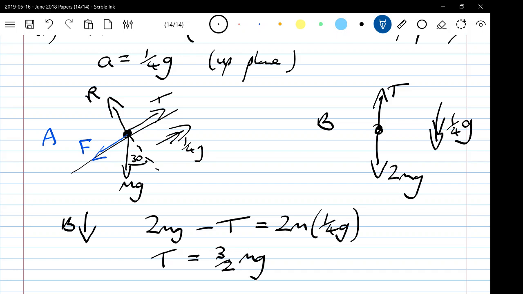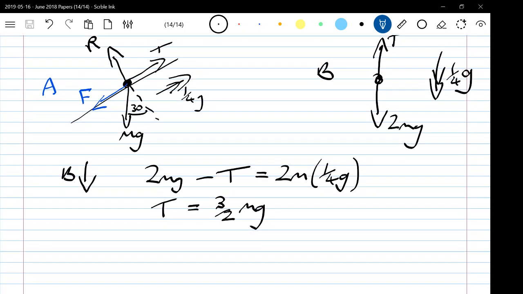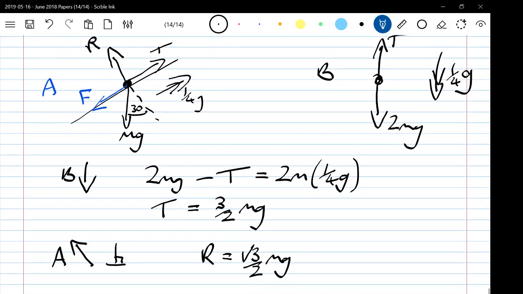Have I done that right? Yes, I'm sure I have. Everybody happy with that? So that's the tension now. Would the reaction have changed in what we've just done? No, we've not changed anything about the vertical thing. So if we think about A and perpendicular to the plane, we've still got the same situation. We've still got that R is mg cos 30. So that's root 3 over 2 mg. But that's the same. I'm writing it just for completeness there.